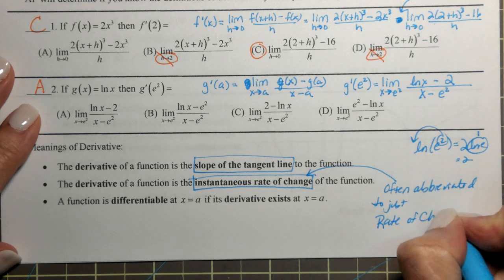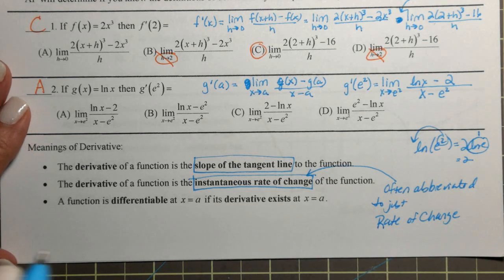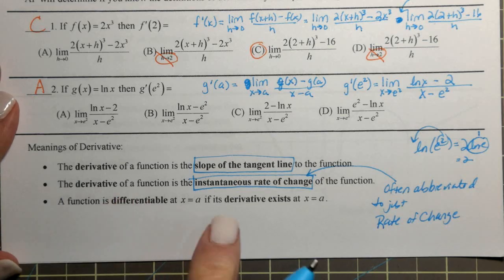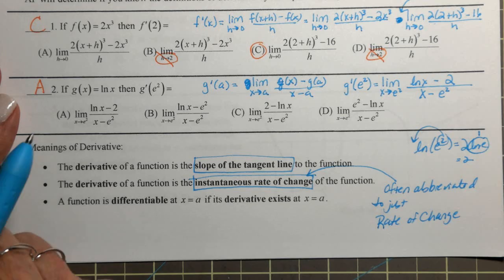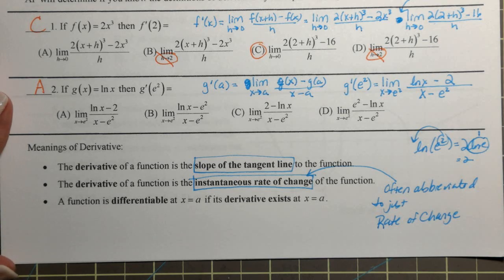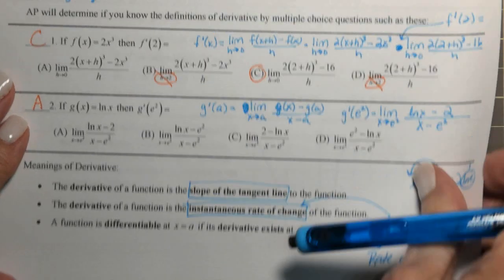If they ask you to find the rate of change, they are talking instantaneous rate of change. They are talking derivative. If they wanted average rate of change, that is different, and they will say average rate of change.